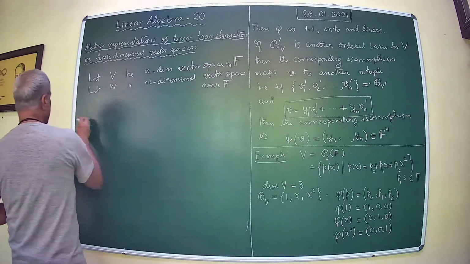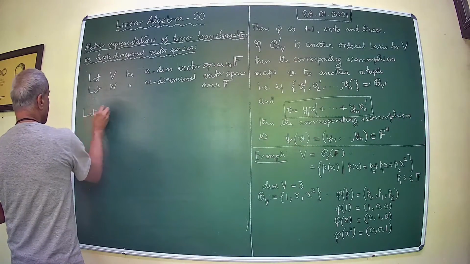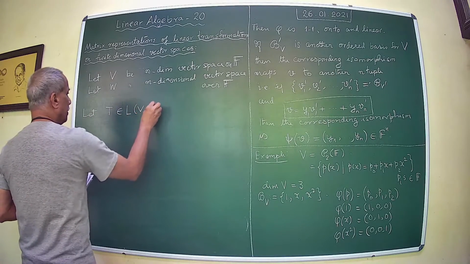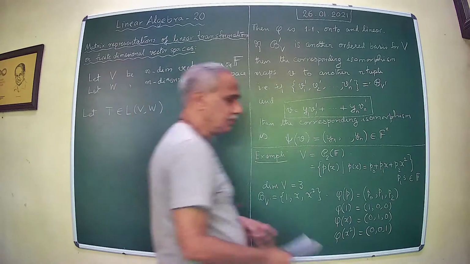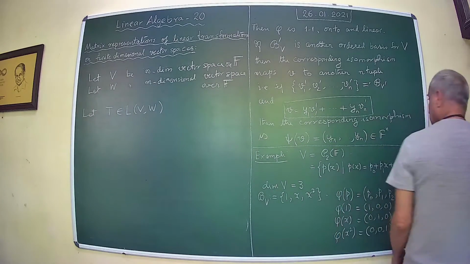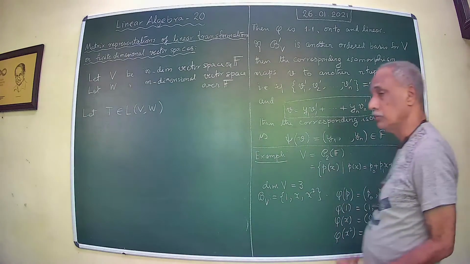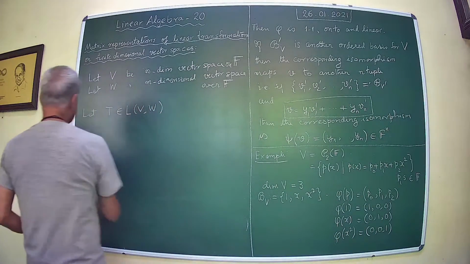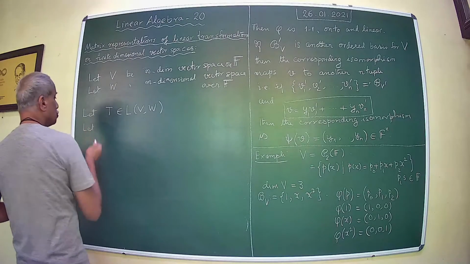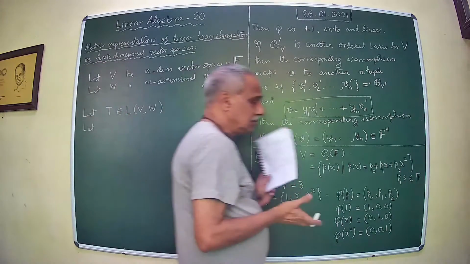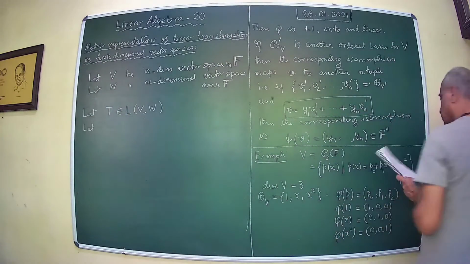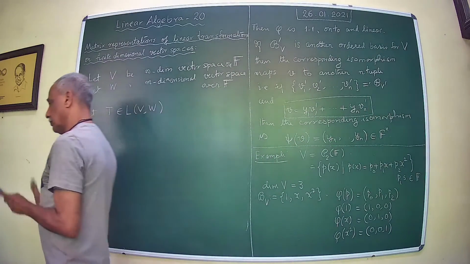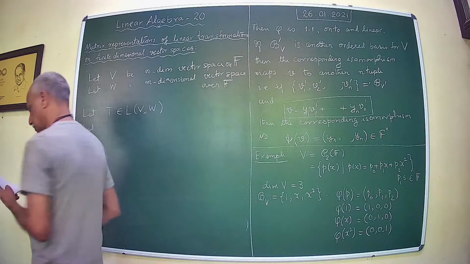Let T belong to L(V, W). L(V, W) stands for all linear transformations from V to W. Let us choose ordered bases for both V and W. Fix that and then proceed.